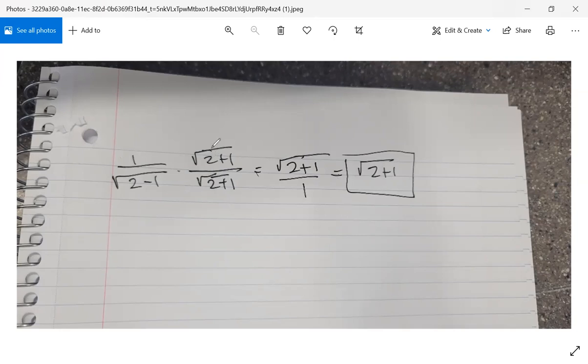You have made this piece too long. So the way you write it, it's not going to be root 2 plus 1. It's root 3.